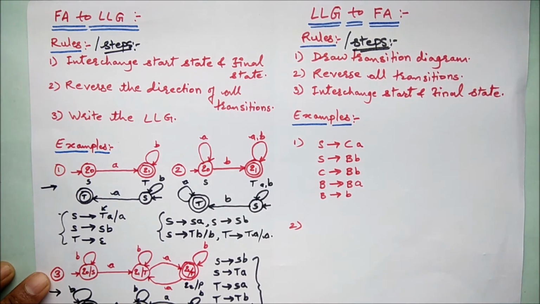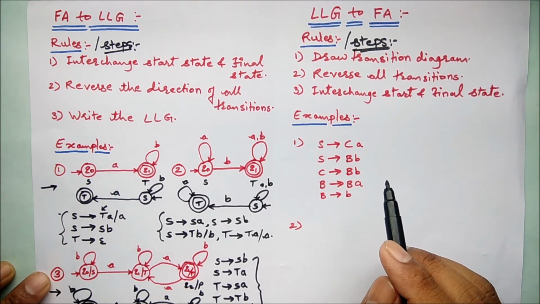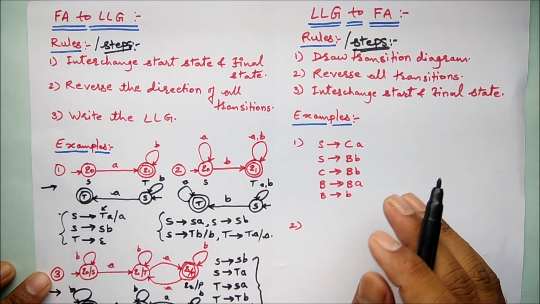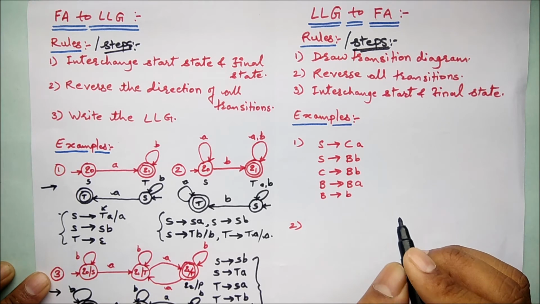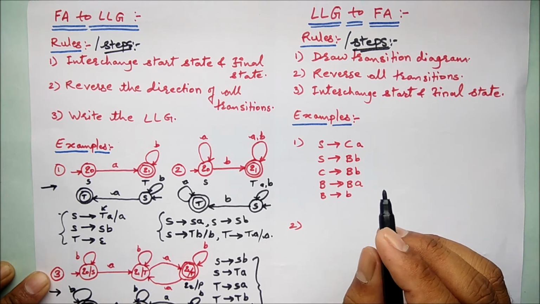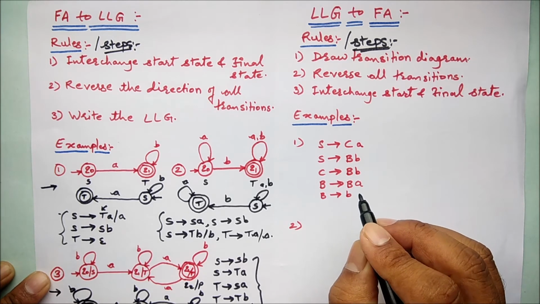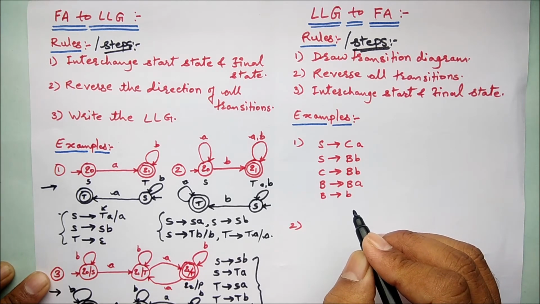So a given grammar will be there, and based on that grammar, we have to draw the diagram, and then we have to reverse the transitions, and then we have to interchange the start state and the final state, right? So with this introduction and understanding of the steps to convert LLG to FA, let's move ahead with some examples.